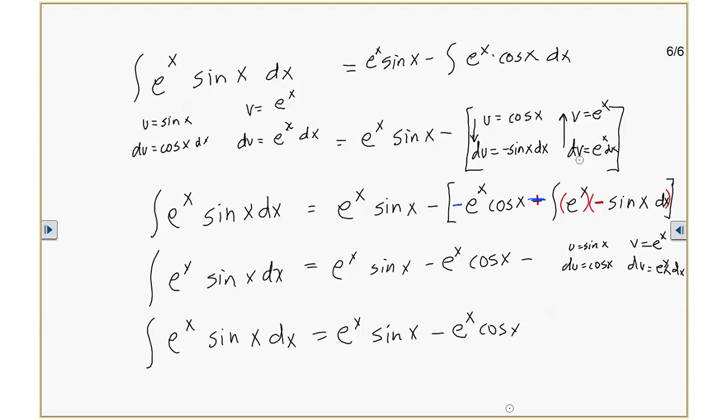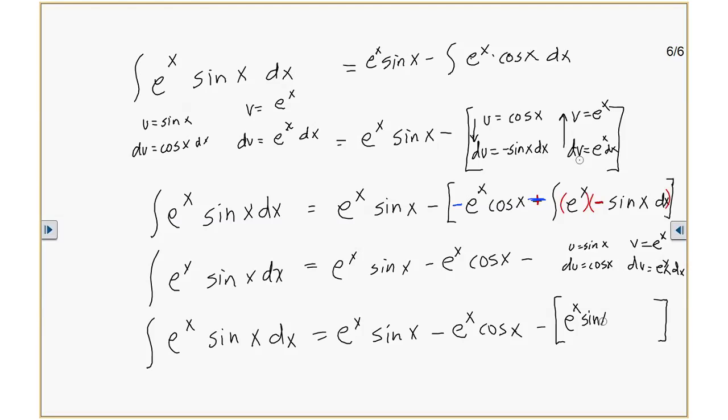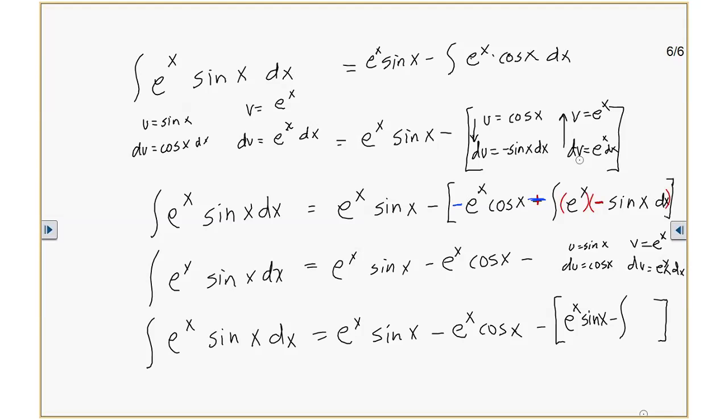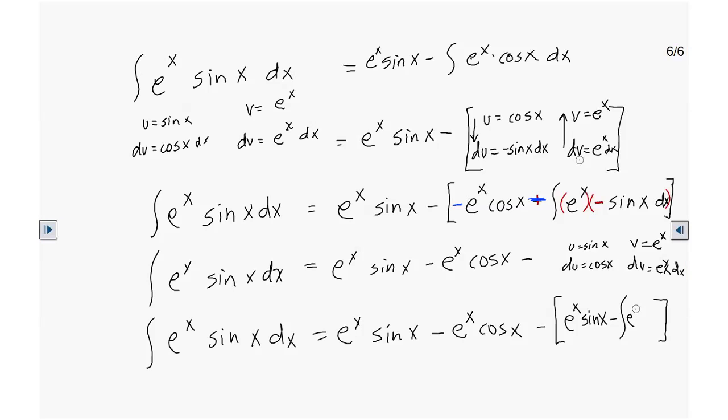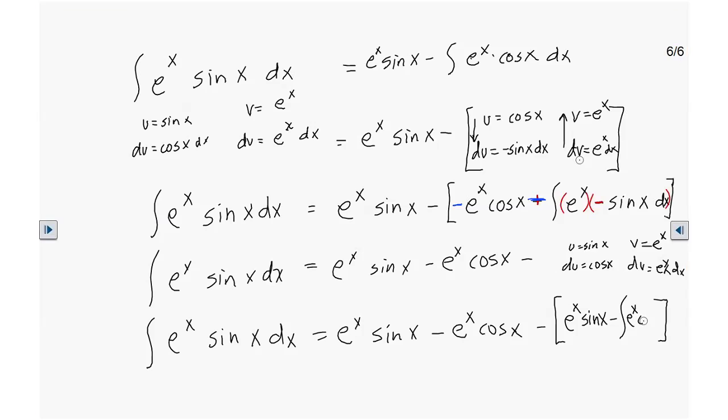And then I'm going to take my minus again, and I'm going to put brackets here. Ultraviolet e to the x sine of x minus antiderivative of e to the x, what? Cosine of x.